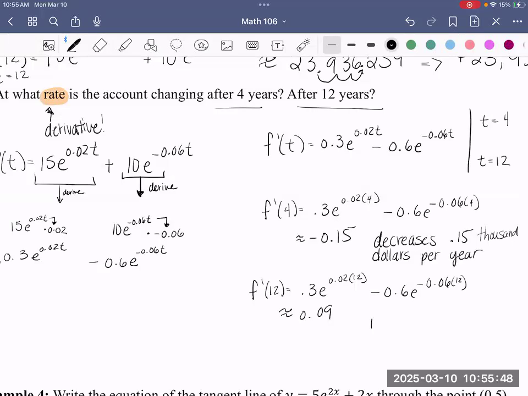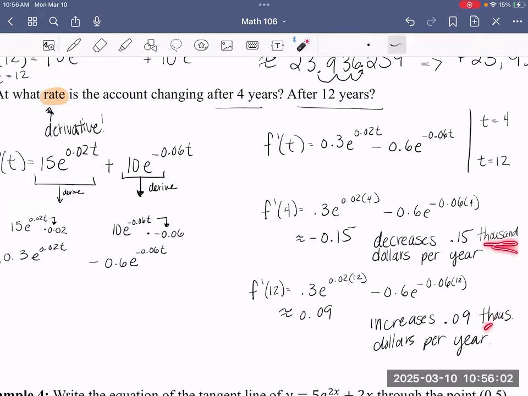Or in this one it is increasing because it's positive. And again, if you didn't want to say thousands of dollars, you could also move your decimal places over 3, and then you would come up with your value. So this would be 150, or this one would be 90. So $90 per year, $150 per year, and so forth.